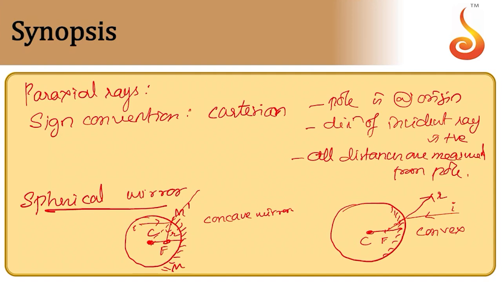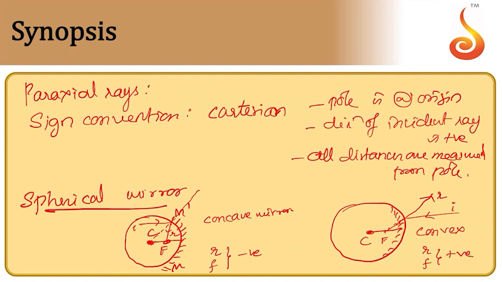And remember, the radius of curvature and the focus, or say the focal length, of a concave mirror are taken with a negative sign, and for a convex mirror, R and F are taken with a positive sign.